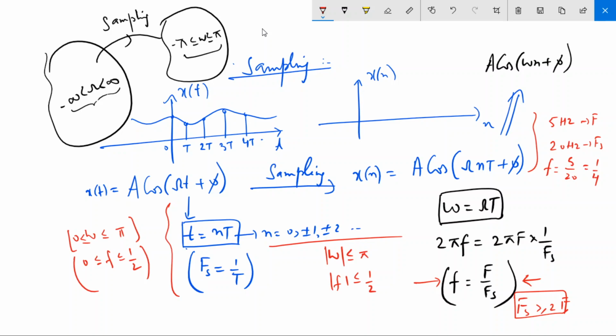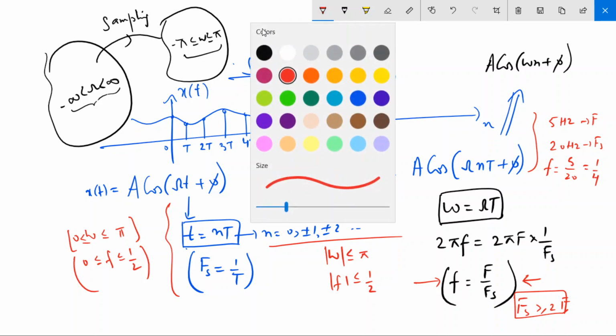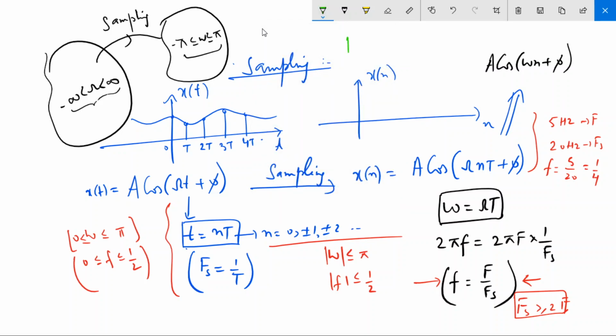So this is the criterion: you have to choose a sampling frequency which is greater than or equal to twice the maximum frequency in the signal. This is called the sampling theorem. And when you choose fs just equal to twice the maximum frequency, this is what is called the Nyquist rate.